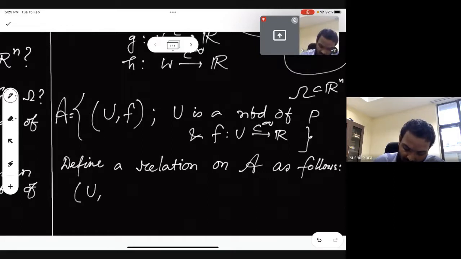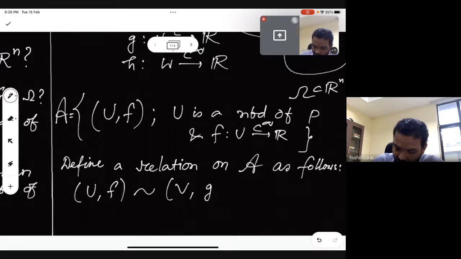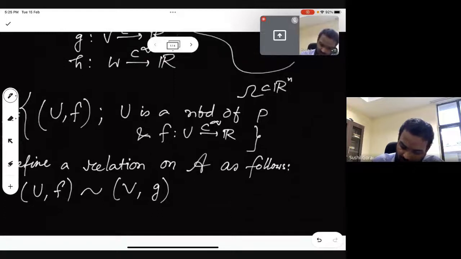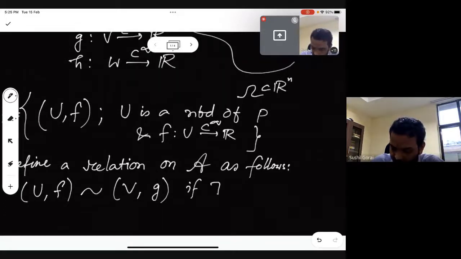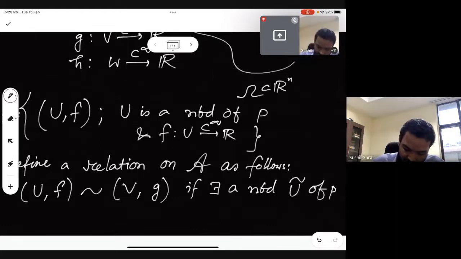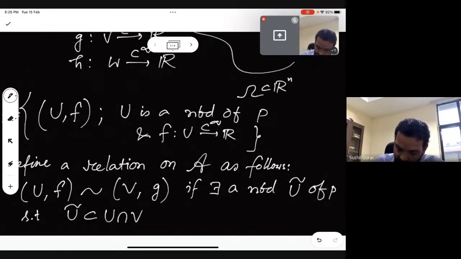(U, f) is related to (V, g) if there exists a neighborhood U tilde of P such that U tilde lies in U intersection V and f restricted to U tilde is equal to g restricted to U tilde.